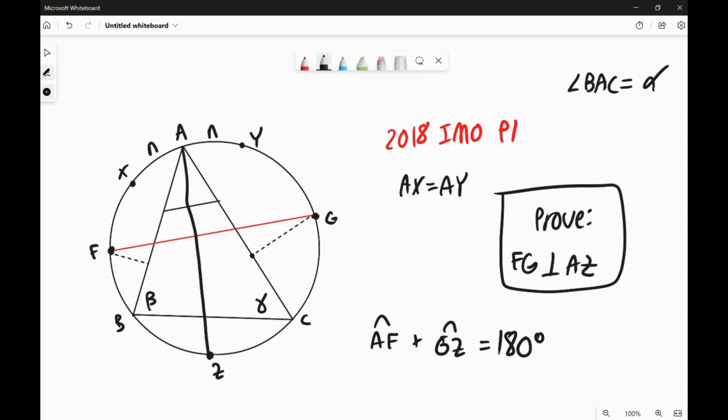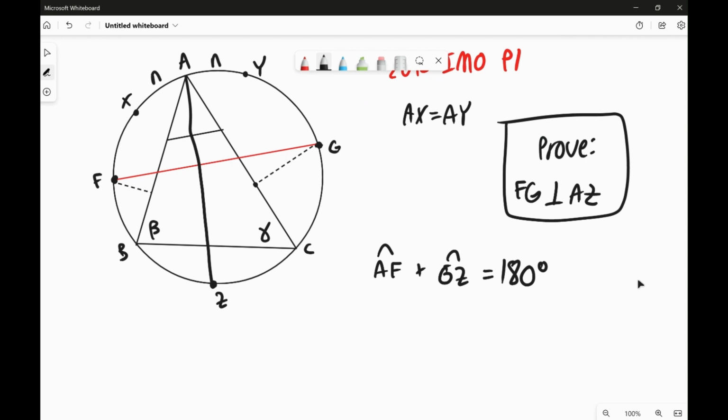So let's go ahead and list the arc measures that we know. By the inscribed angle theorem, we know that arc AC is equal to 2 beta, arc AB is equal to 2 gamma, and arc BC is equal to 2 alpha.